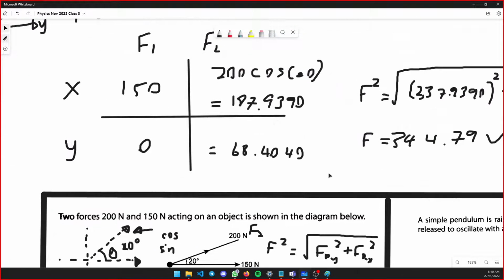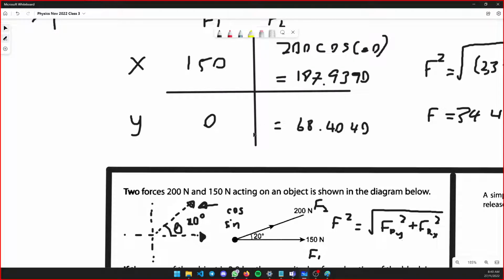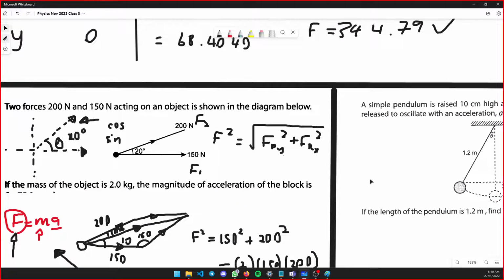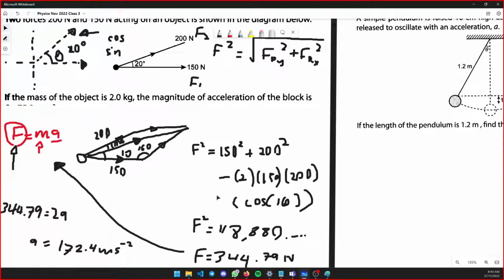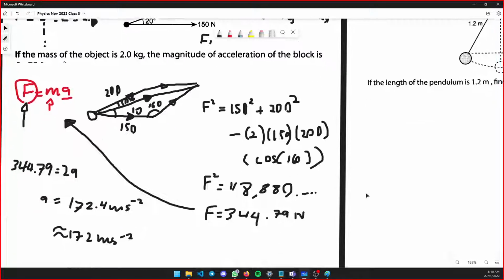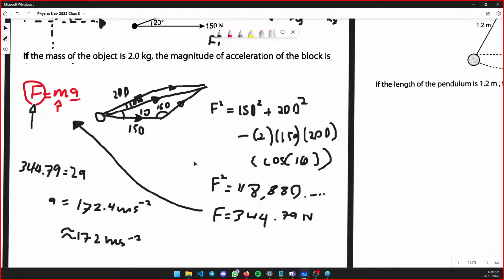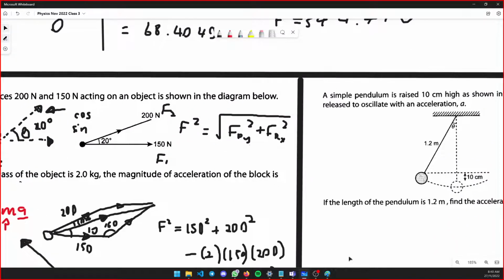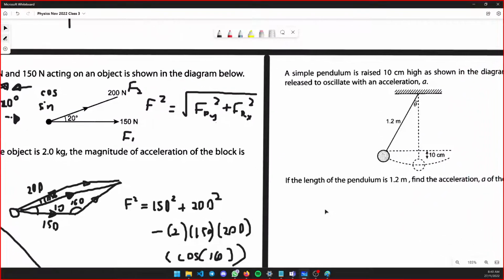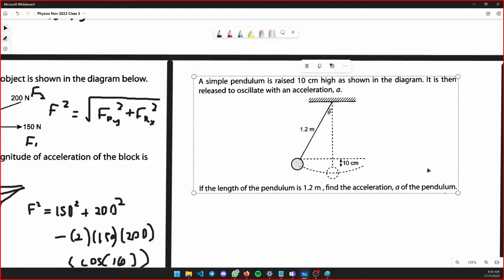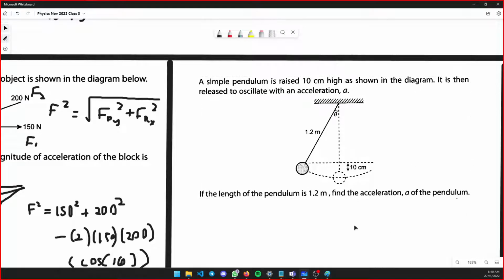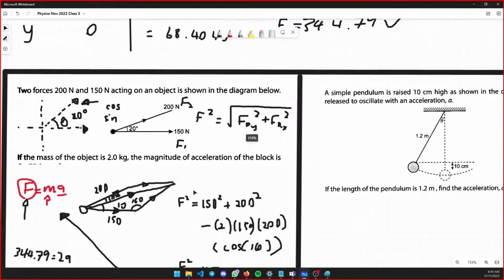You can judge whether inputting these one by one, or just inputting this one line and then square rooting it, is faster. I think this would be faster. And when it comes to physics, the fastest way is always one of the best ways to calculate. Not all the time, but for questions like this, yes.